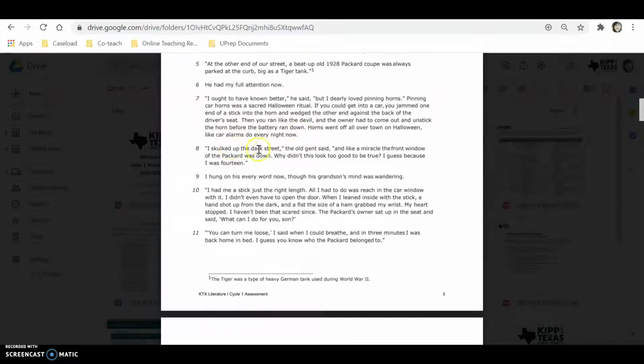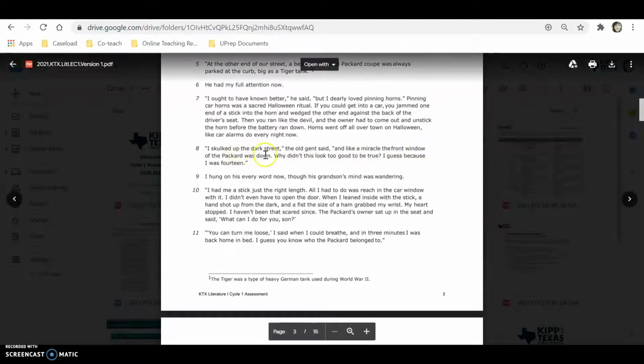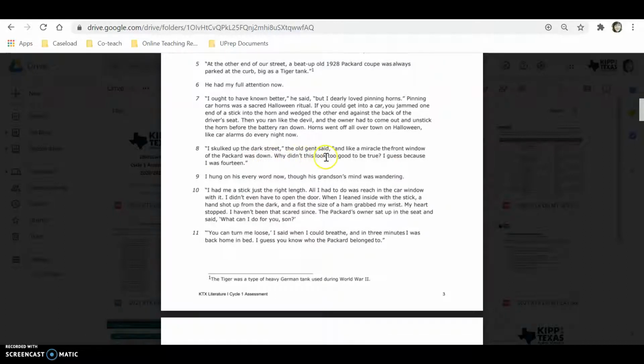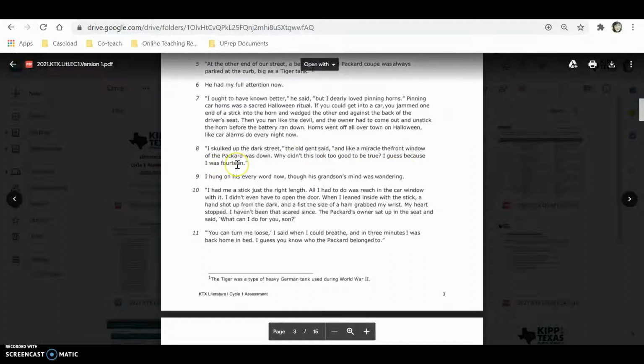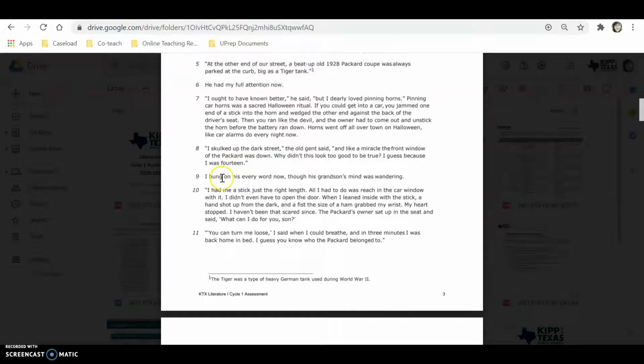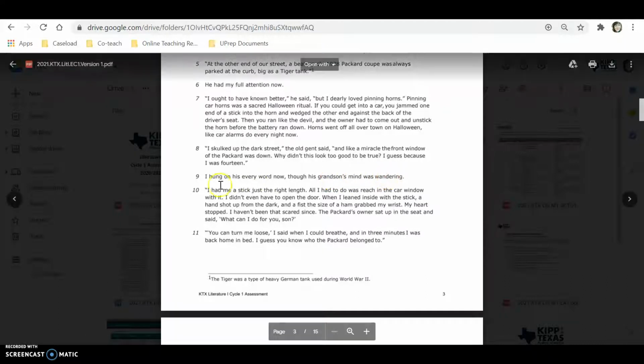I skulked in the dark street, the old gent said, and like a miracle, the front window of the Packard was down. Why didn't this look too good to be true? I guess because I was 14. I hung on his every word now, though his grandson's mind was wandering.